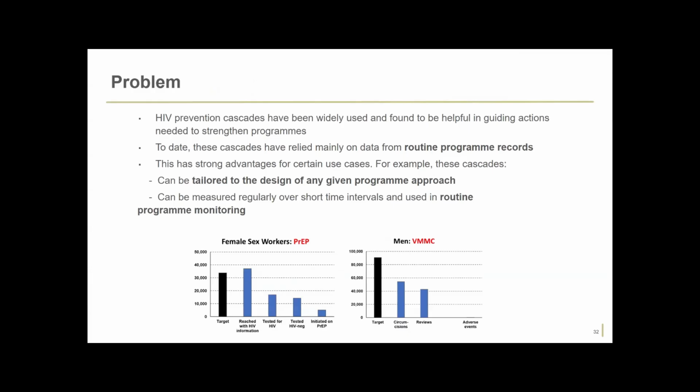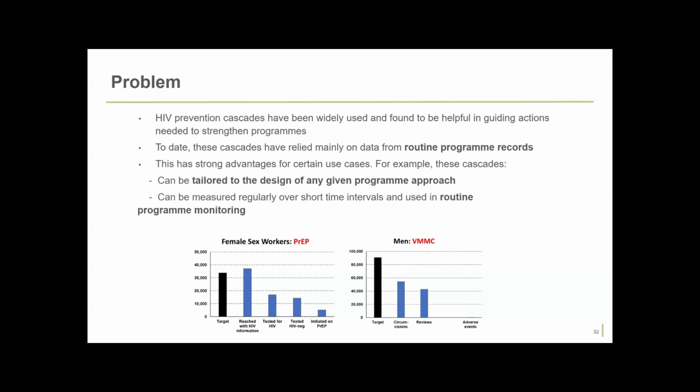Right. So I'll start with the problem that made us develop these combination prevention cascades. From the first introductory lessons, we have seen that most of our cascades rely mainly on routine program records. Of course, they have advantages since they are designed for any program approach, and can be measured over a short period of time using program monitoring data, as shown by the examples for female sex workers on PrEP: how many are targeted, reached, tested for HIV, and so on.